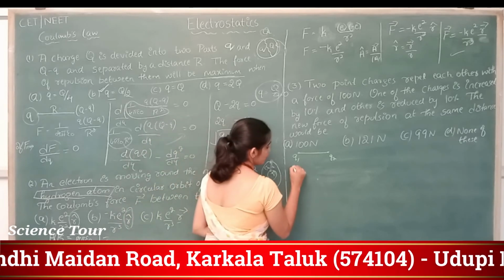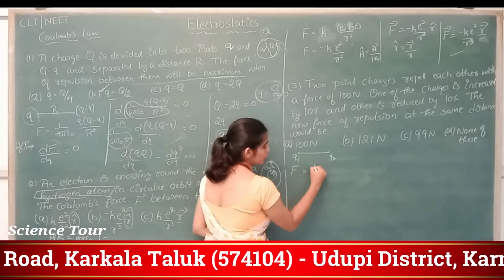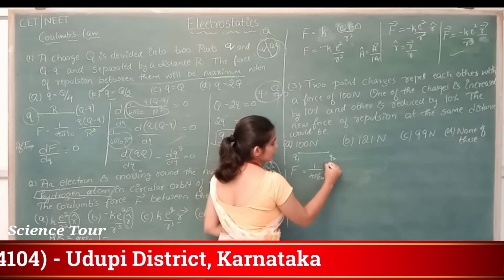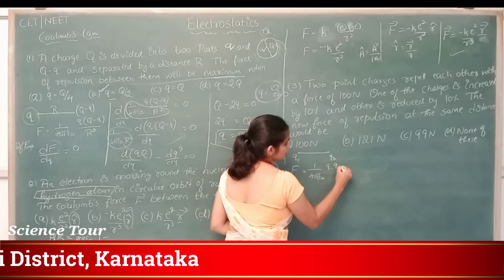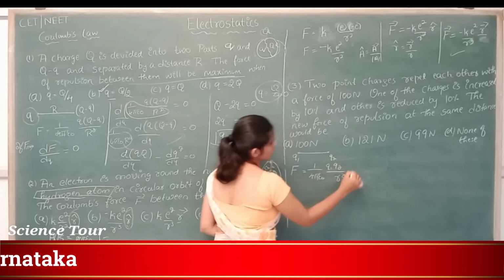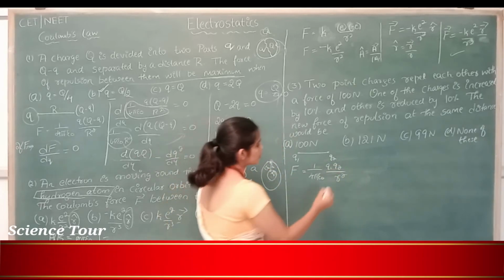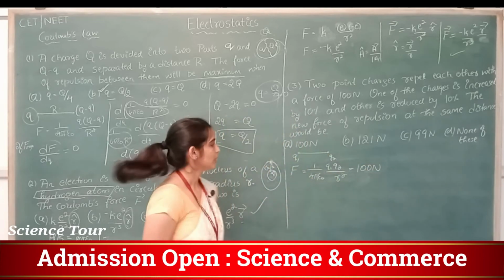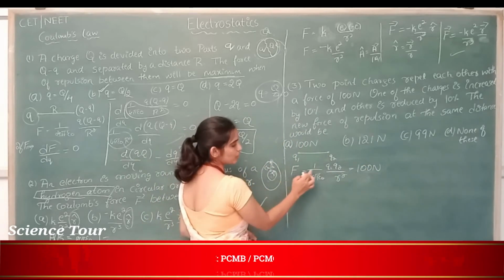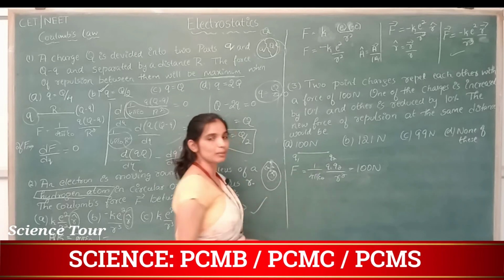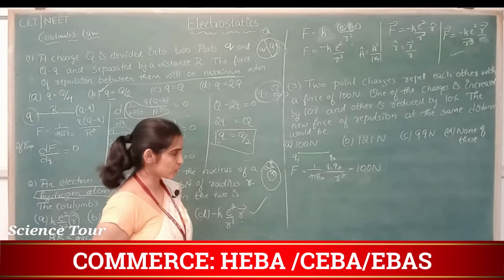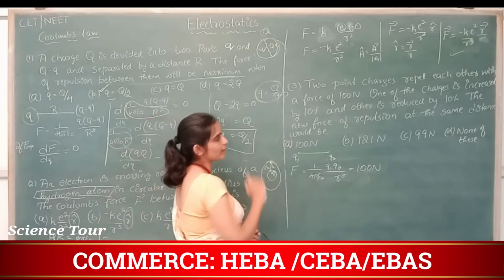So force between them is equal to 1 by 4 pi epsilon naught Q1 into Q2 divided by r square. Correct? So this is equal to 100 Newton. That's what the question has given. Force of repulsion between them according to Coulomb's law is 1 by 4 pi epsilon naught Q1 into Q2 by r square, which is equal to 100 Newton.